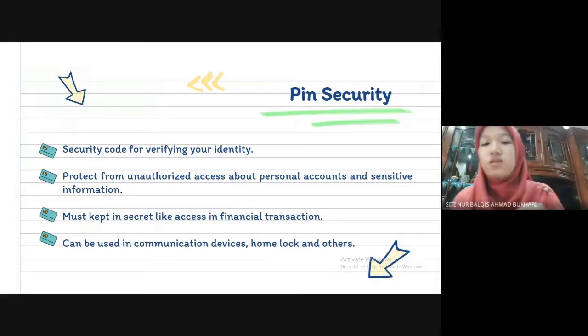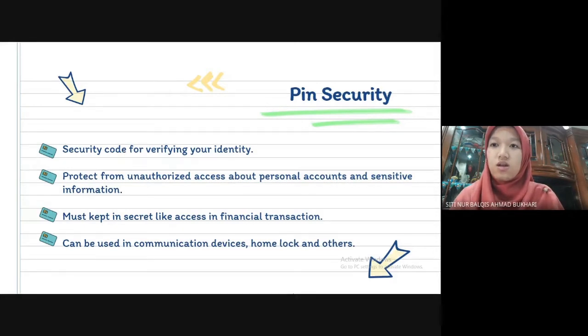PIN security stand for personal identification number. PIN security is a security code for verifying our identity. The PIN security protect from unauthorized access about personal account like bank account, institution account dan lain.